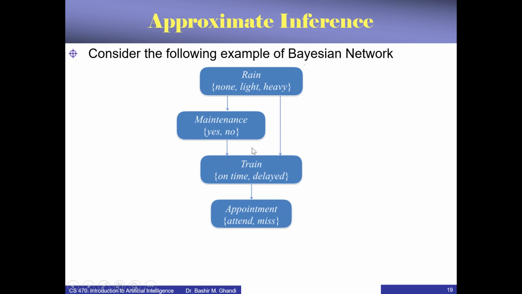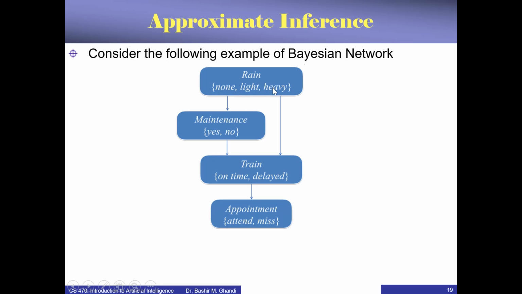So there are 2 parents, if you like, for the node train in this Bayesian network. Okay. Similarly, maintenance on the rail may be possible if, for example, there is no rain.